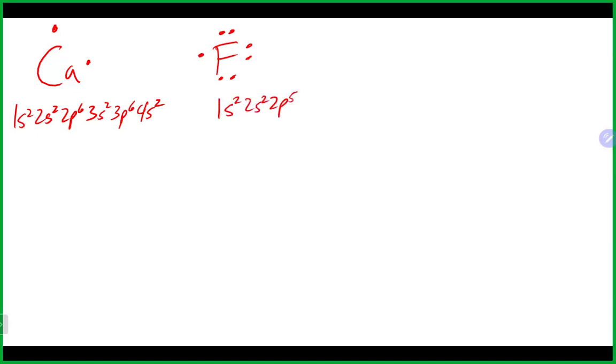So now what happens is my calcium here is going to send my electron over to my fluorine. Once again, as we talked about, calcium does not want to get rid of just one electron. It wants to get rid of both.